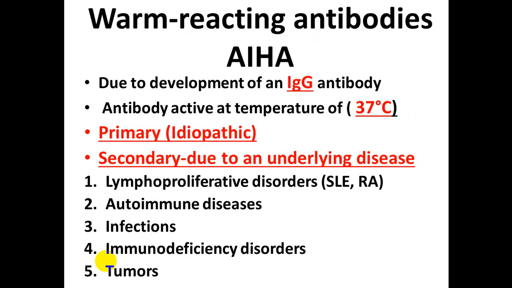Okay, we will start with warm reacting antibodies autoimmune hemolytic anemia due to the development of an IgG antibody. IgG antibody against red blood cells.